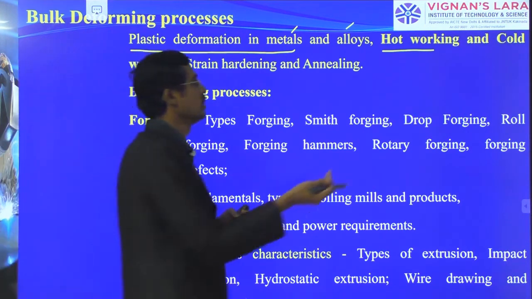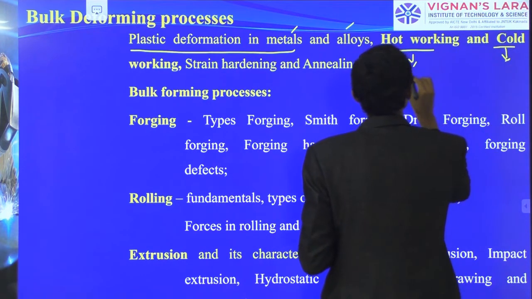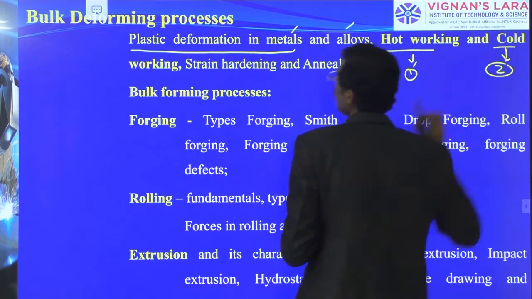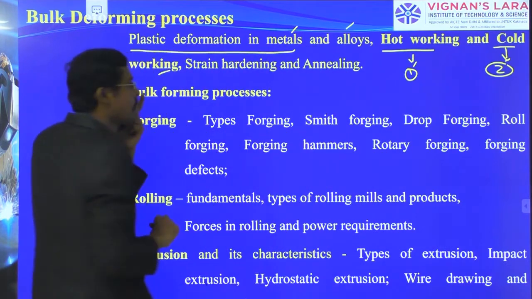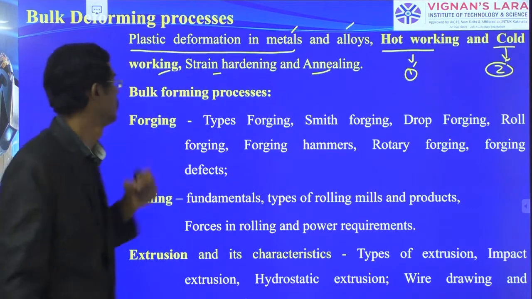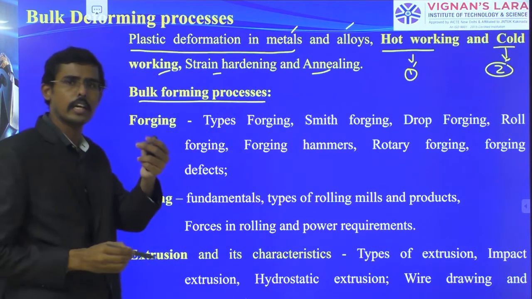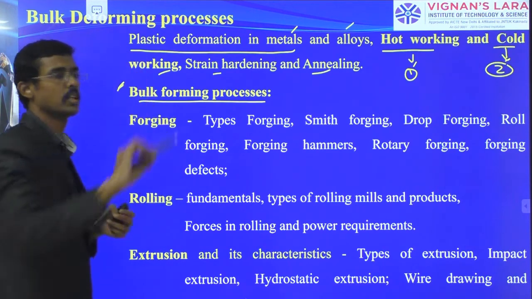Or otherwise, without heating, a cold deformation process. And then we have to see about over hardening and annealing treatments. There I am dividing this bulk deformation process, where bulk means large thickness materials.